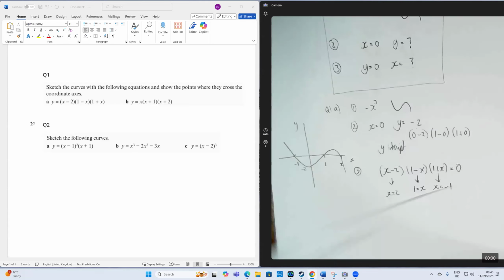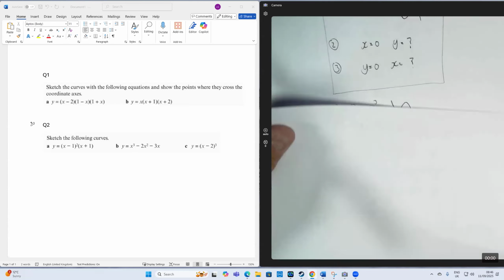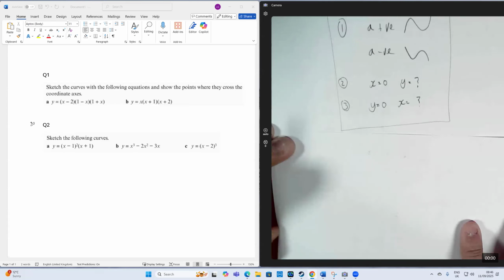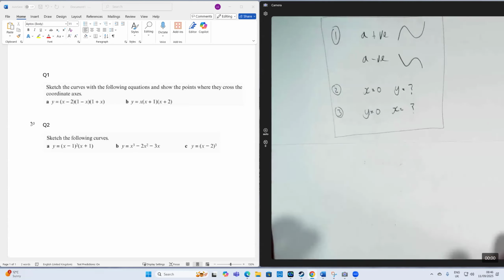Okay, next, what I have called question 2 here. Now, what's going on? In question 2, we've got a new idea that we need to introduce. Notice we have a squared term.